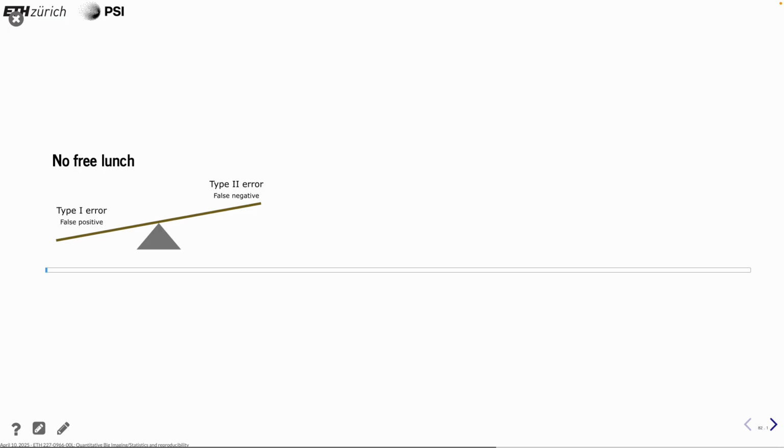That is something you have to be aware of. It's the same when you do thresholding in an image. If you want to be sure that you have your regions cleanly segmented, then you have to take the cost that you have a lot of misclassifications in the background. So again, we have the same problem here.